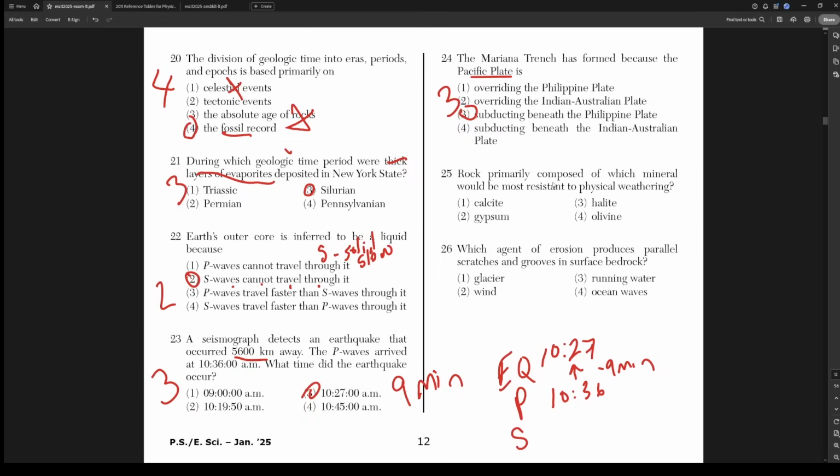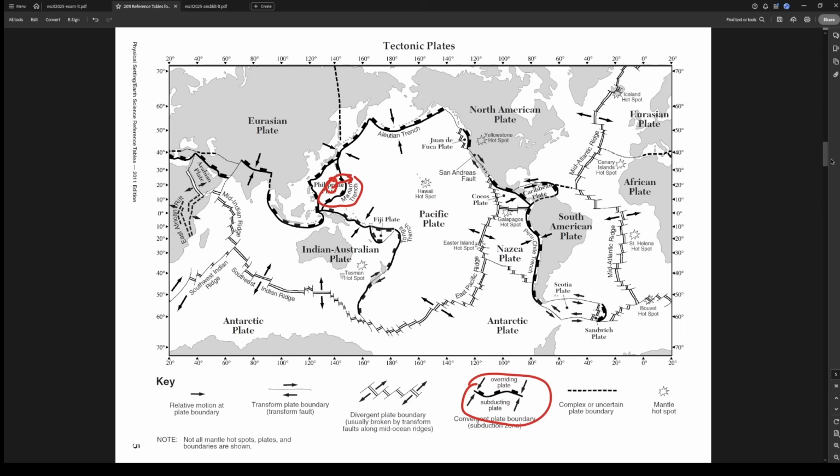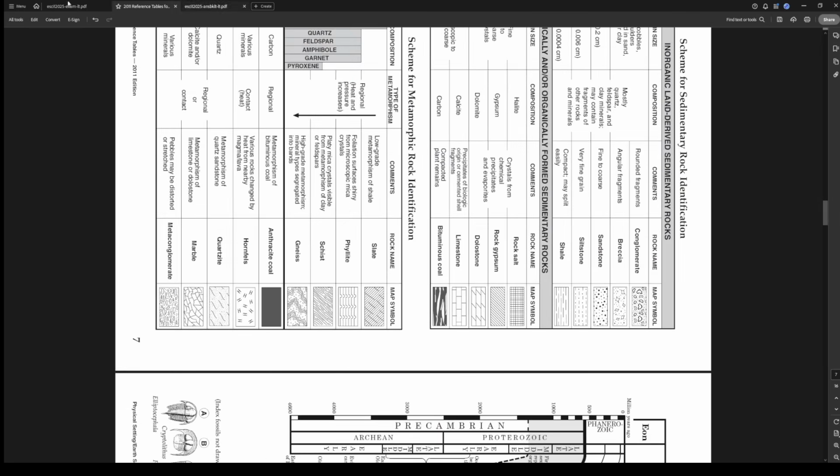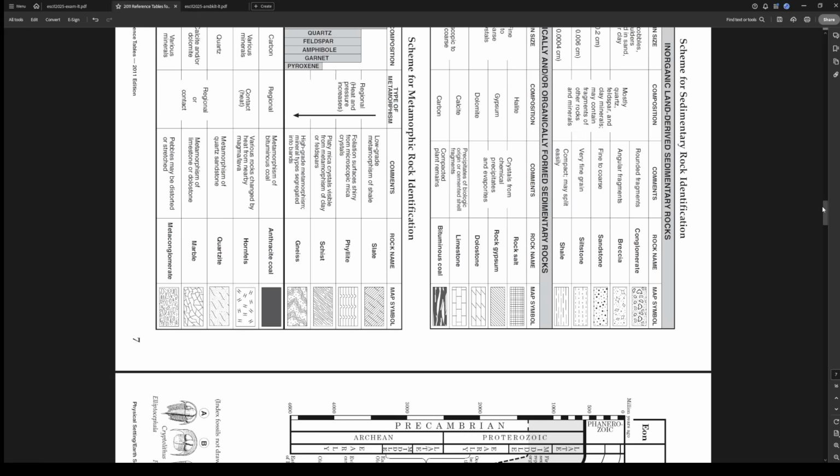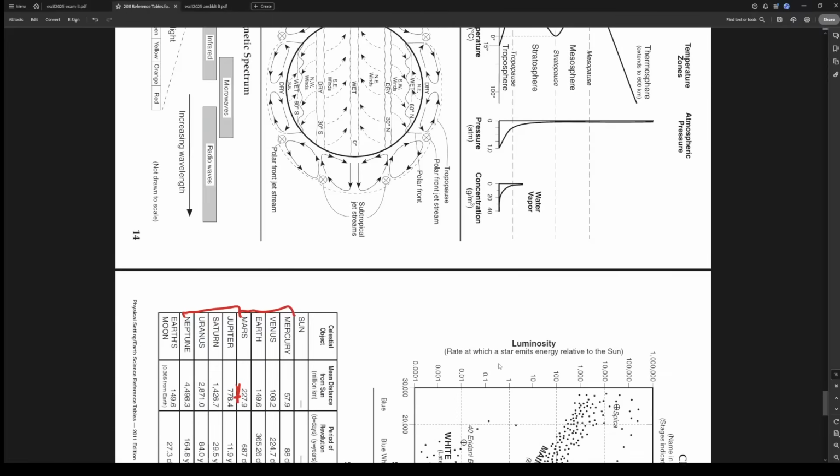25. Rock primarily composed of which mineral would be most resistant to weathering? So for most resistant rock, we want the highest hardness on the scale because that's going to be the hardest to break down. So we're going to go here. Ooh, did it say rock? Oh no, minerals, easy. Go to our mineral chart.